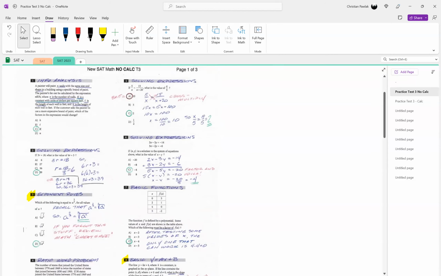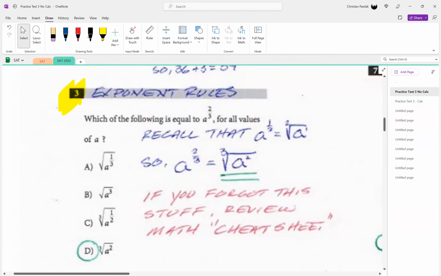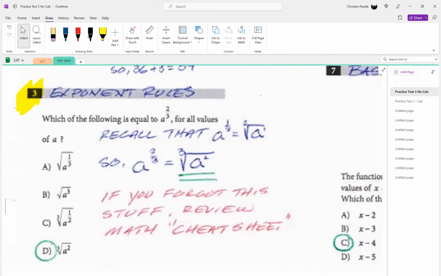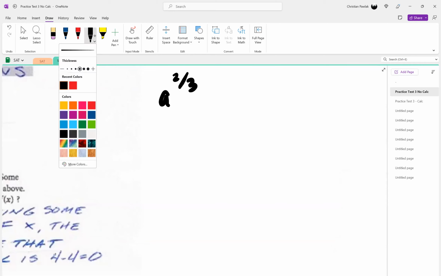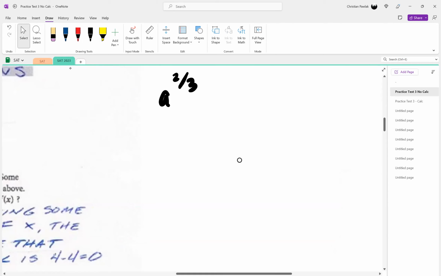So starting with number 3. Number 3 says, which of the following is equal to a to the 2/3 for all values? Okay, so you can see I even titled some of these. This one's exponent rules. A to the 2/3. One of the rules we have is that whenever I have a fraction as an exponent, that always means it's a radical.